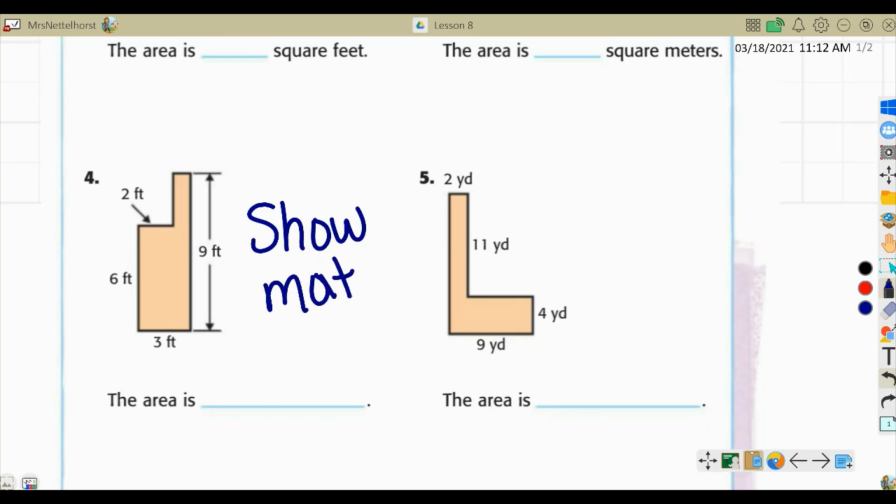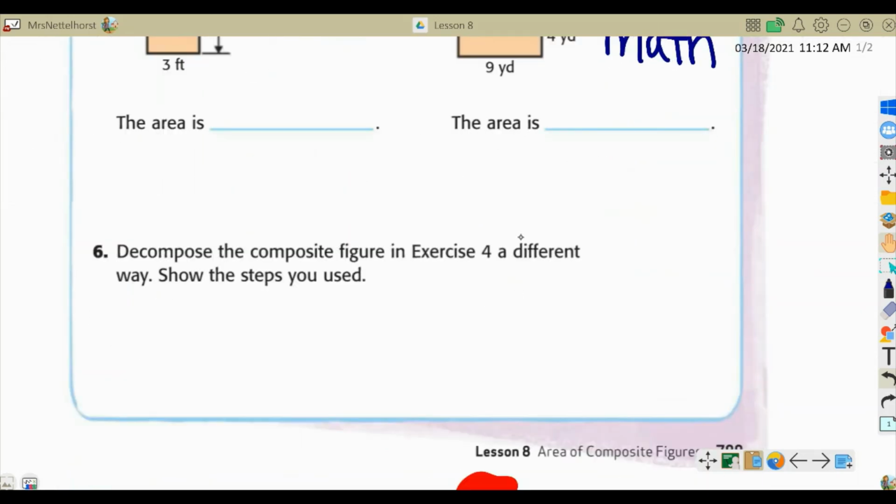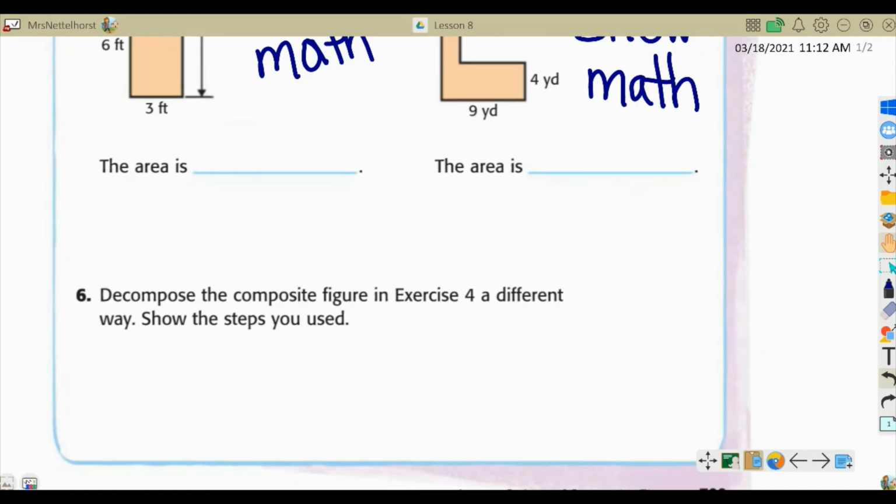Show the math, okay? And show how you decomposed it. Number 5, show me how you decomposed it. Show the math in the space over here. Number 6, you're going to redraw number 4, decompose it in a different way, show the math. That's it. That's how you do that.